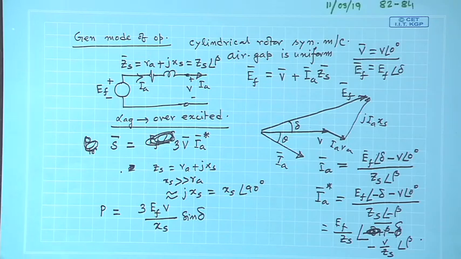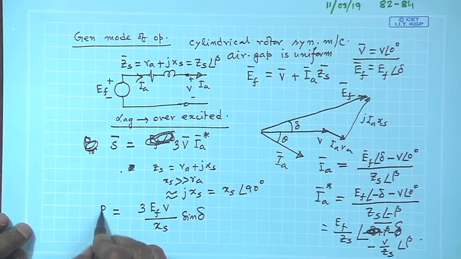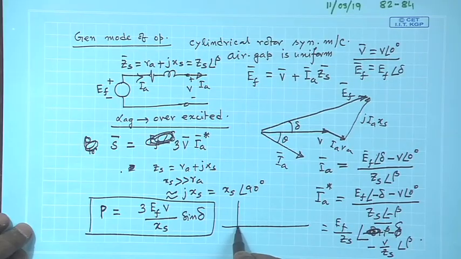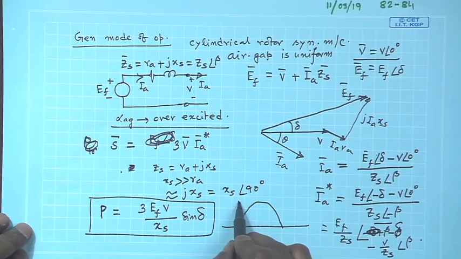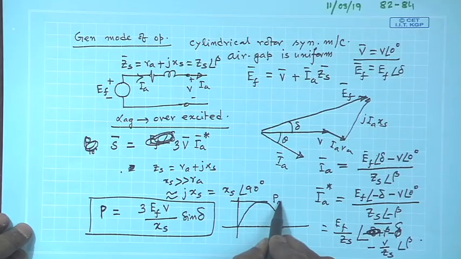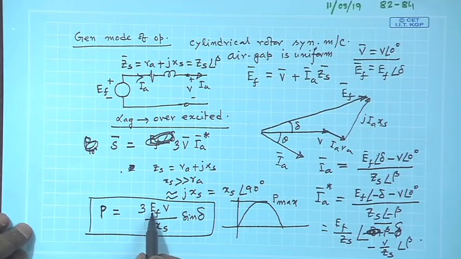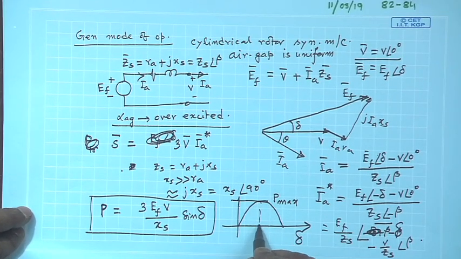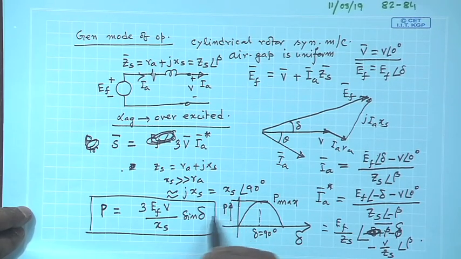If you want it in Newton meter, divide by 2 pi times the mechanical speed n S. The P delta curve will be sinusoidal, with a distinct magnitude P max, proportional to terminal voltage into E f by X S. The maximum power or torque it can develop is at 90 degrees of delta.